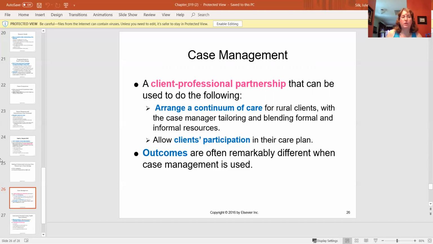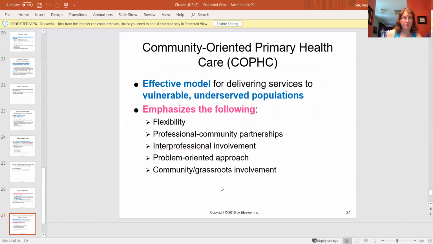So it is a really good thing. And then community-oriented primary health care is an effective model for delivering services to vulnerable, underserved populations. It emphasizes flexibility, professional community partnerships, interprofessional involvement, a problem-oriented approach, and community grassroots involvement.